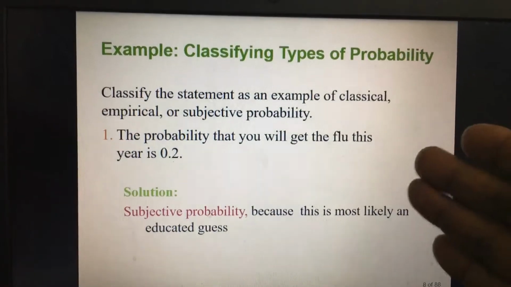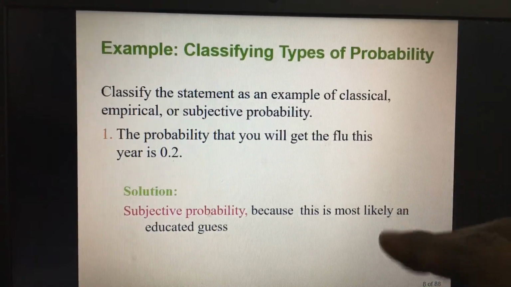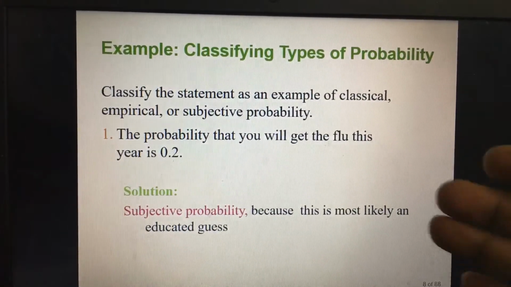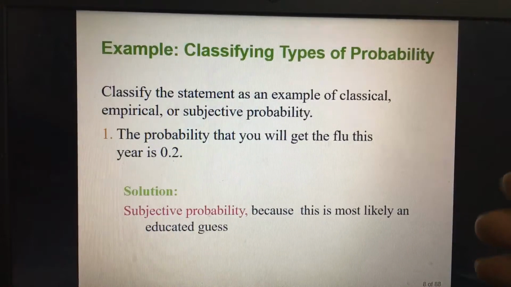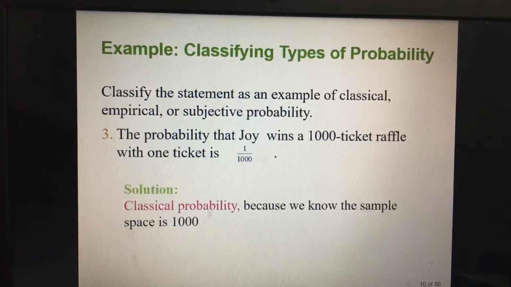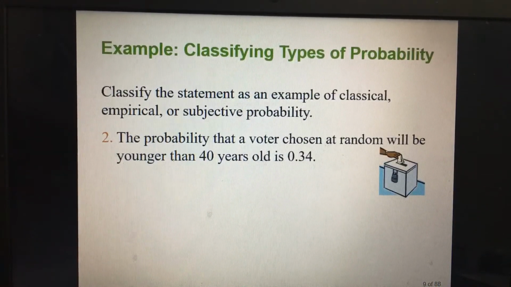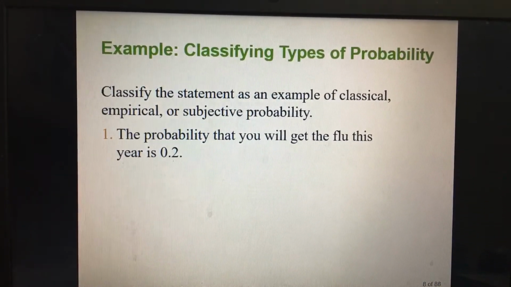That's why I did not provide a separate page for it. We don't use it much because it is subjective. I'll give you an example of the subjective probability, what it means. It says that it is based on educated guess.